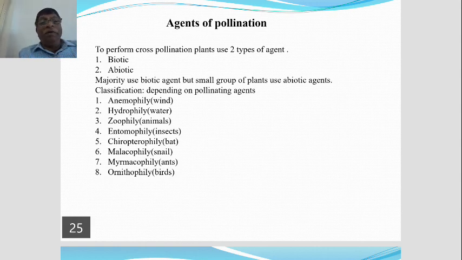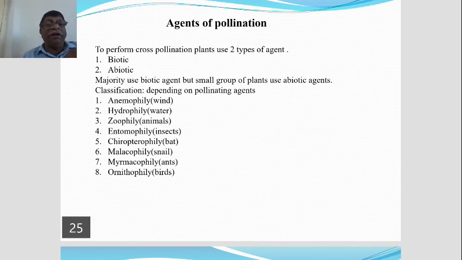Myrmecophily, even small ants pollinate the flowers, pollination by ants. Even birds take part. Pollination by birds is called ornithophily. Also, a big animal like an elephant pollinates the big flower Rafflesia. It's not included in your syllabus.